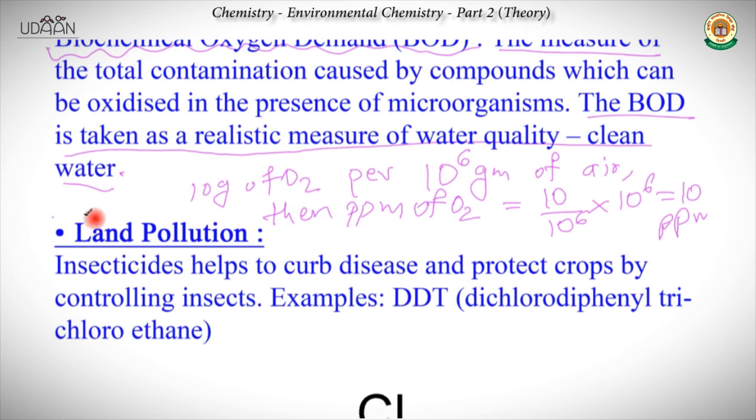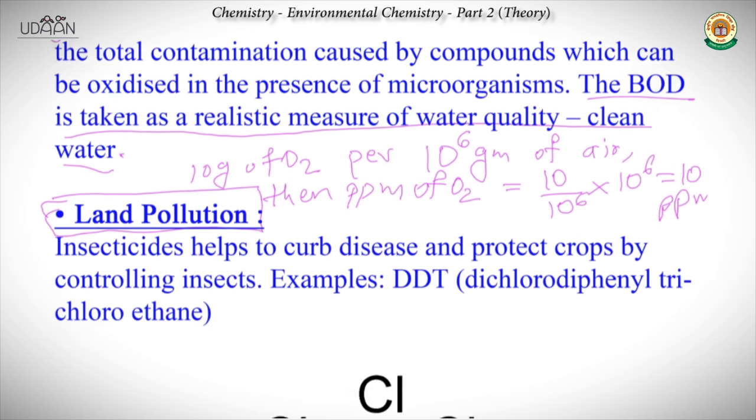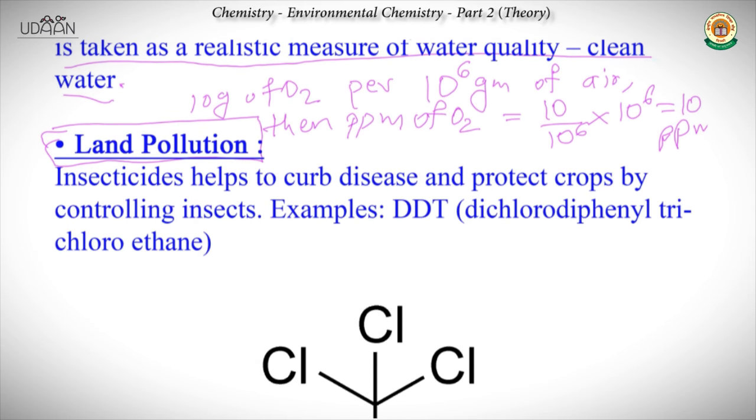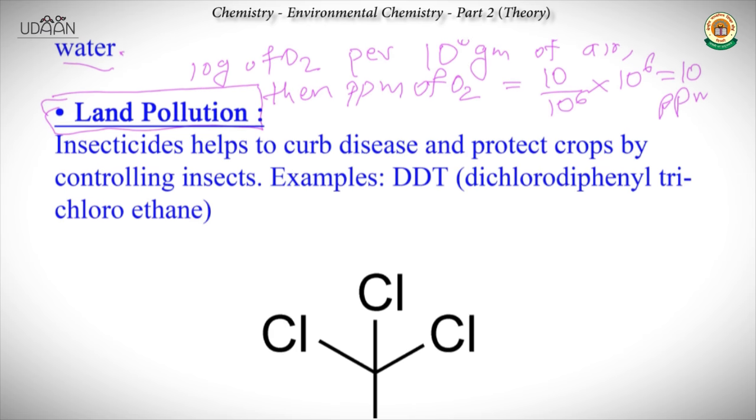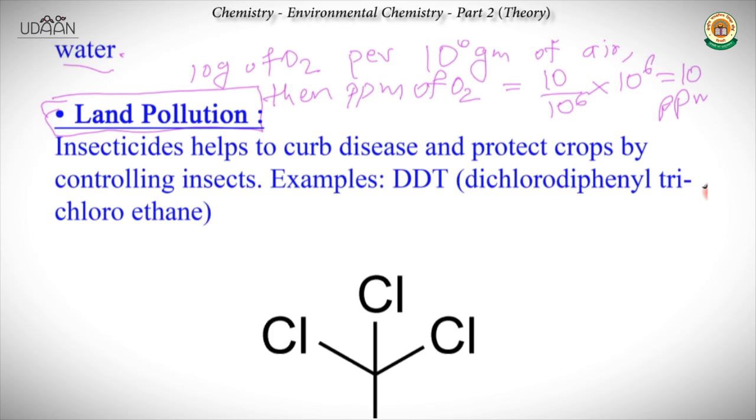Now we would focus our attention on land pollution. Basically, what is land pollution? Land pollution is deterioration of a land piece due to pollution caused. There are various sources of land pollution, and land pollution results mainly because of lack of space.